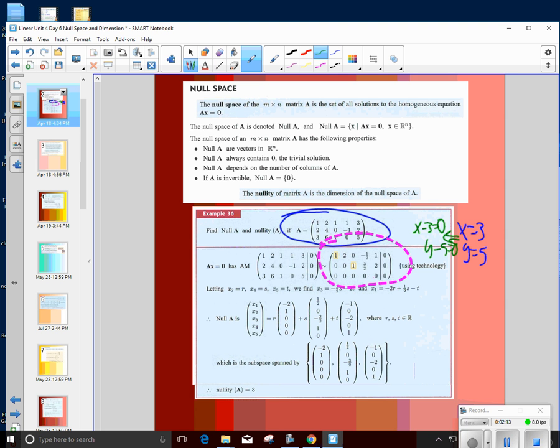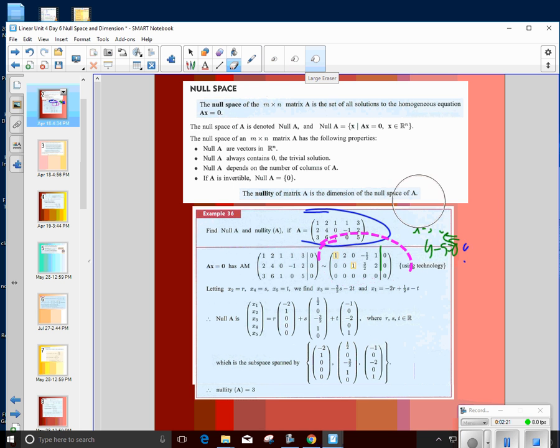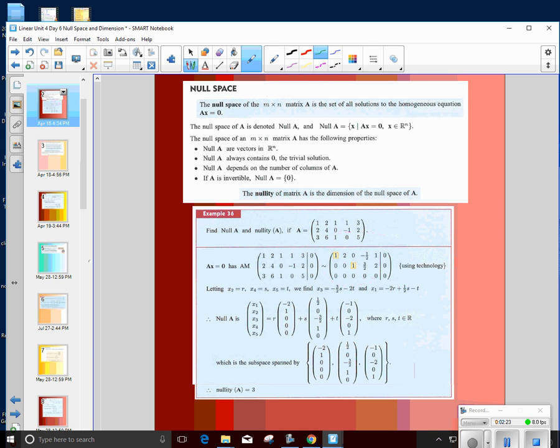So we augment this matrix in reduced row echelon form so that we can find the solutions that make it true. When we do the augmented form, remember that you label these x1, x2, x3, x4, x5, and the answers are 0.